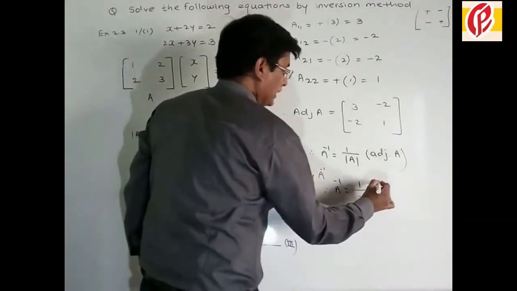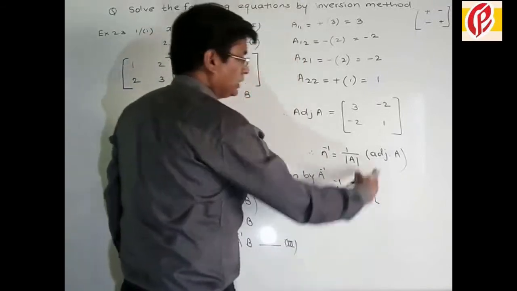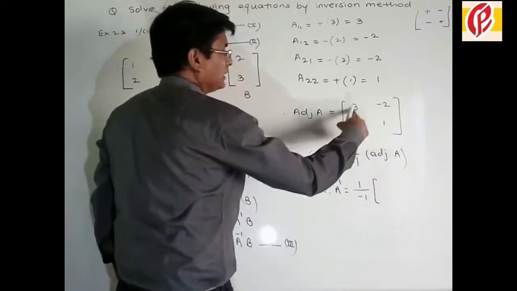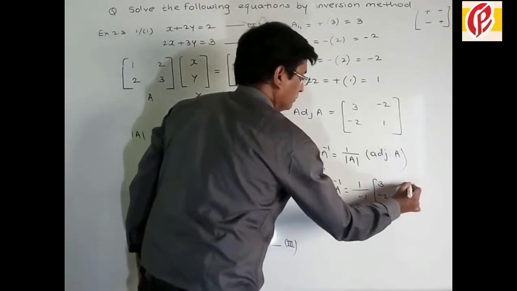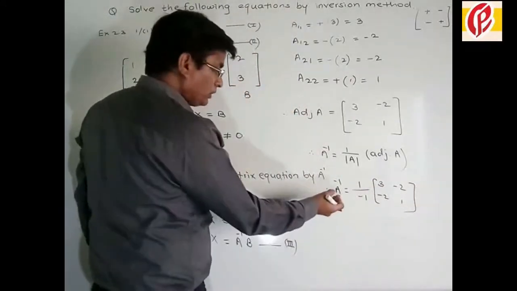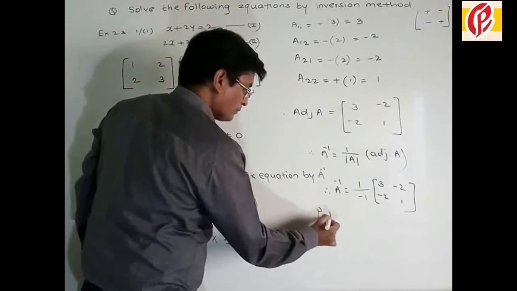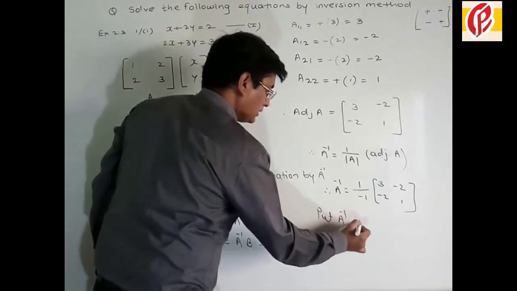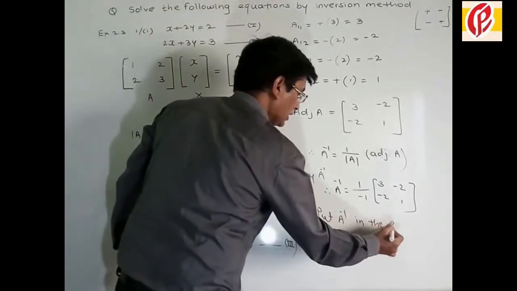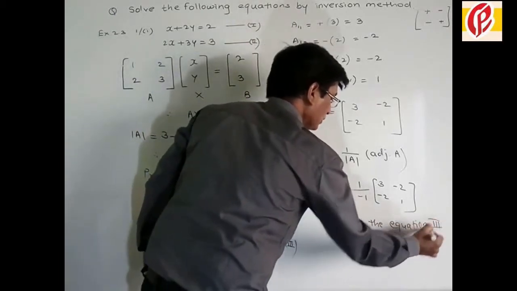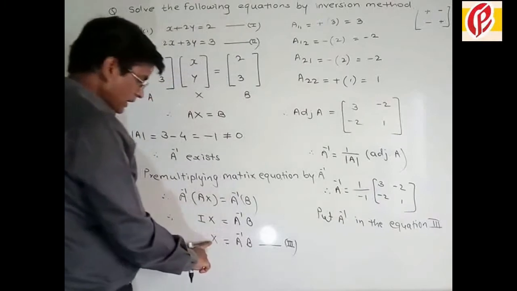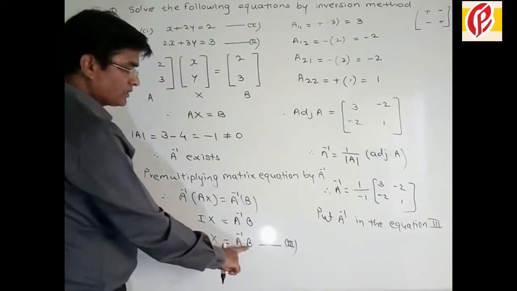So here is minus 1 into adjoint of A, and that is 3, minus 2, minus 2, 1. Okay. Now put this A inverse in equation 3. What is equation 3? X is equal to A inverse B.